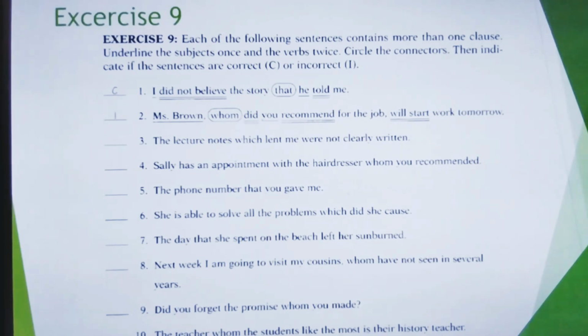If we just omit this, okay, the teacher is their history teacher. The part whom the students like the most is a dependent clause, a noun clause category. The teacher is their history teacher. Okay, so the sentence is correct.